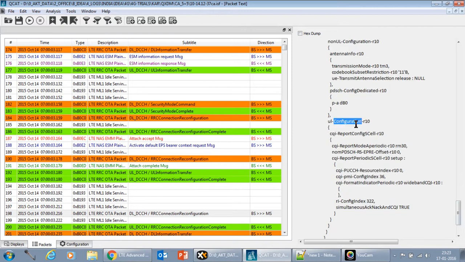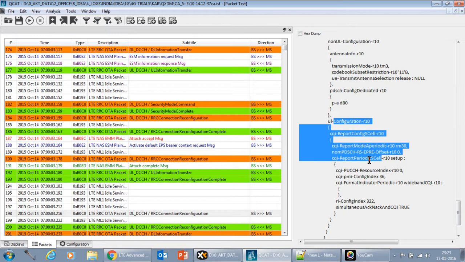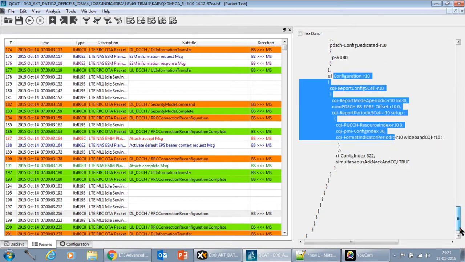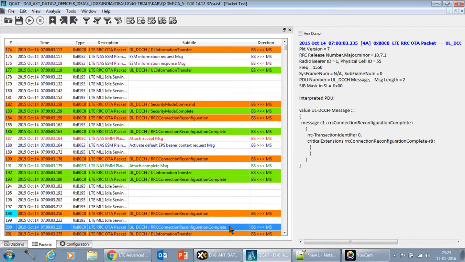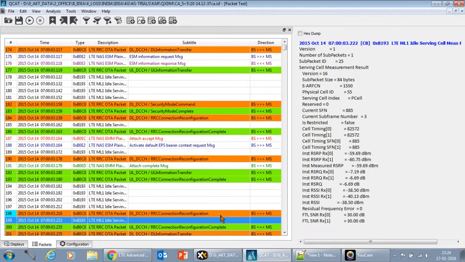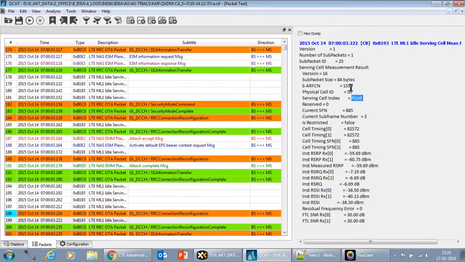On the uplink configuration side, it is still the same as it was before. Now the UE says reconfiguration complete. Before that also, if you look at the idle mode, it was still on P cell 1550 and 55.